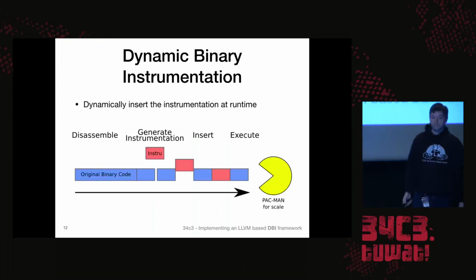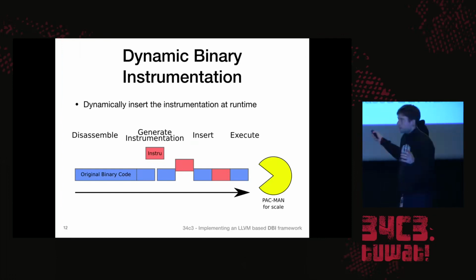So it looks like this. You would disassemble the code that's going to be executed. Then you pass the instructions to your instrumentation tool that analyzes them and generates the appropriate instrumentation. And then the instrumentation gets inserted into the execution flow, and it's executed. And then you have Pacman for scale.